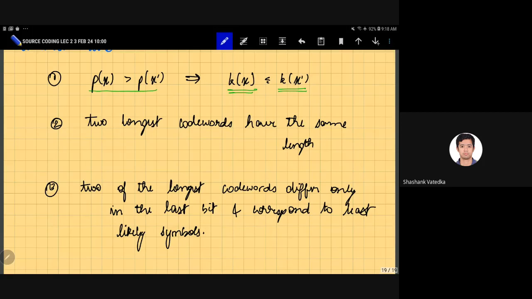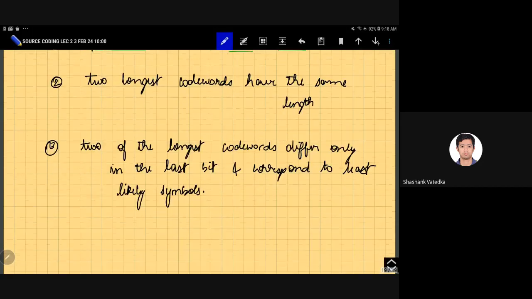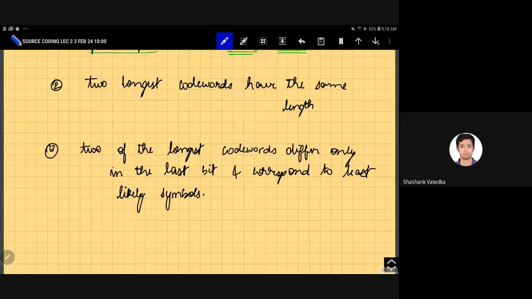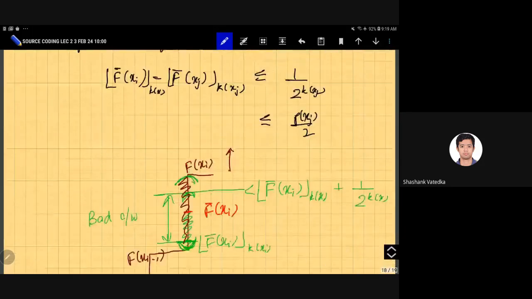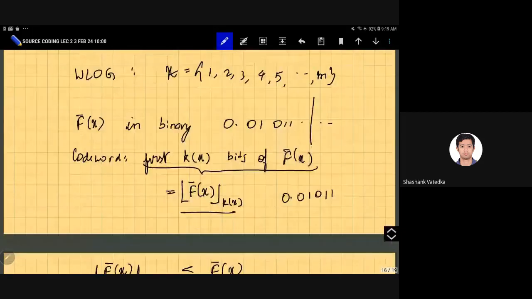Okay, so let's look at an example of a Huffman code. Let's take one example that we looked at before.